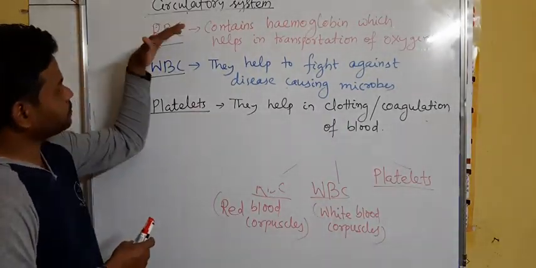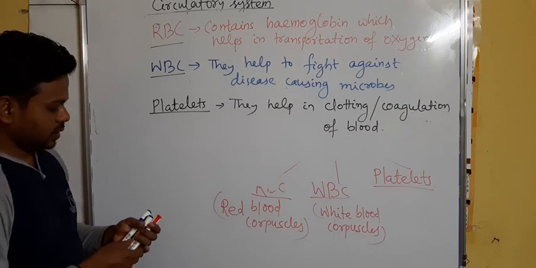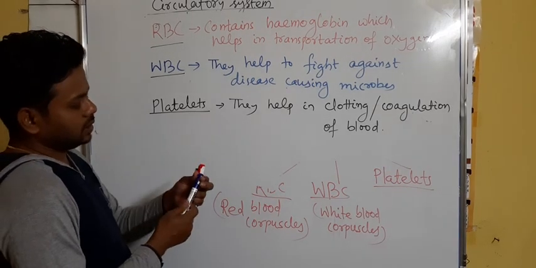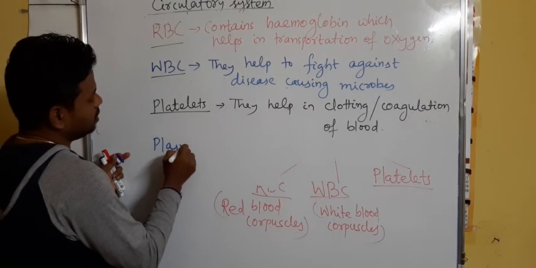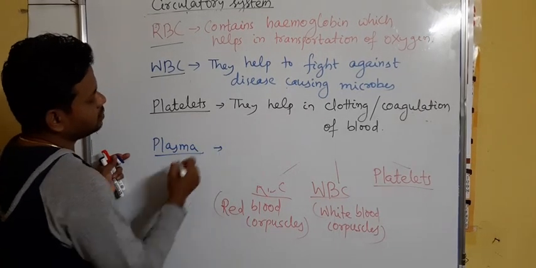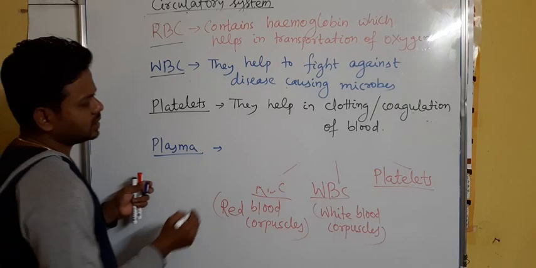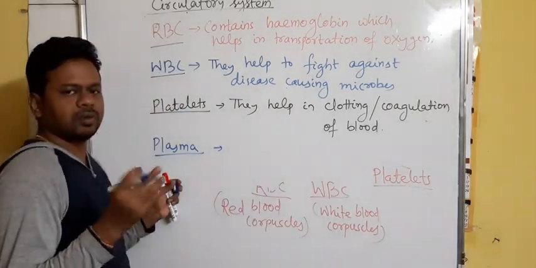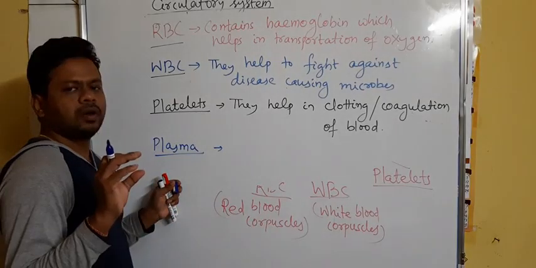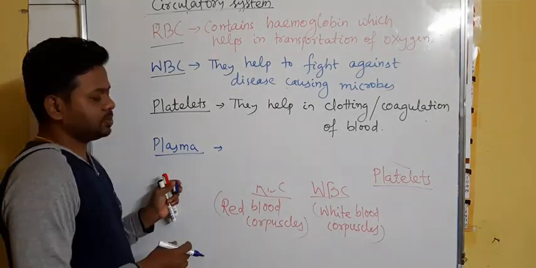So these are the three cells and their function. And another part, as I have told, is plasma. The plasma is the liquid part of the blood, and it contains all the dissolved water, hormones, and all the dissolved substances.